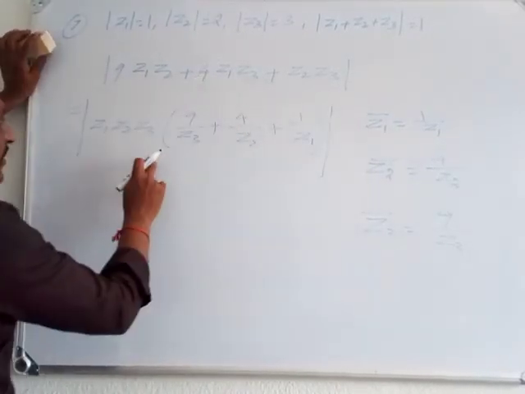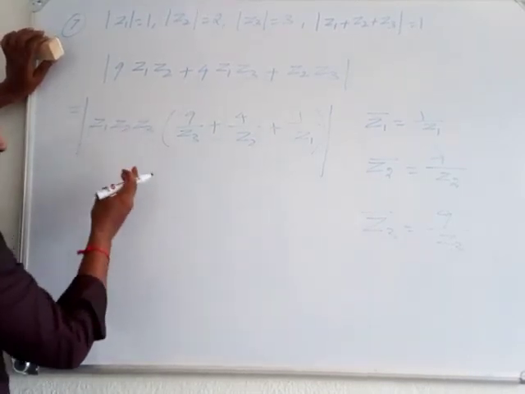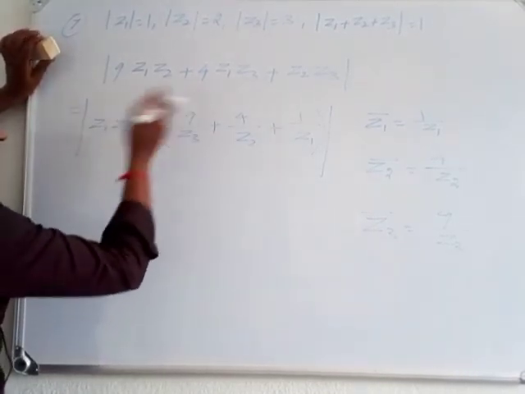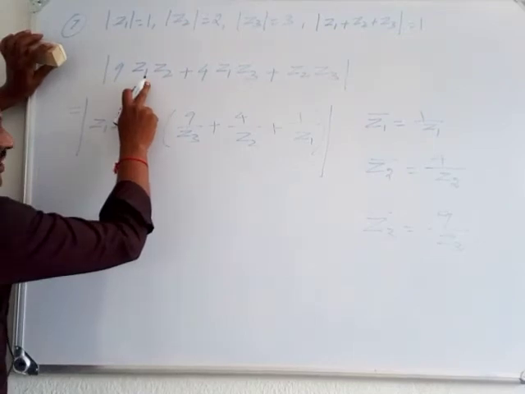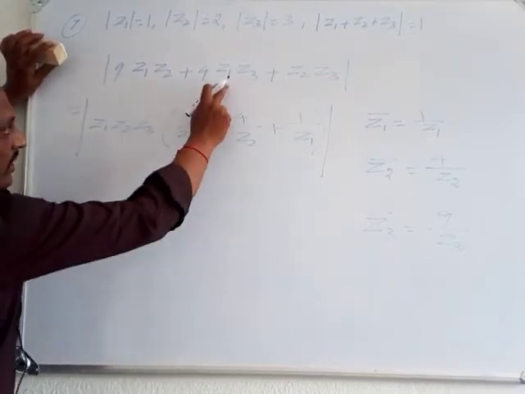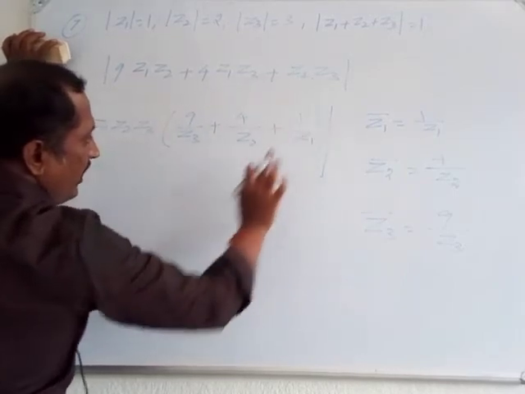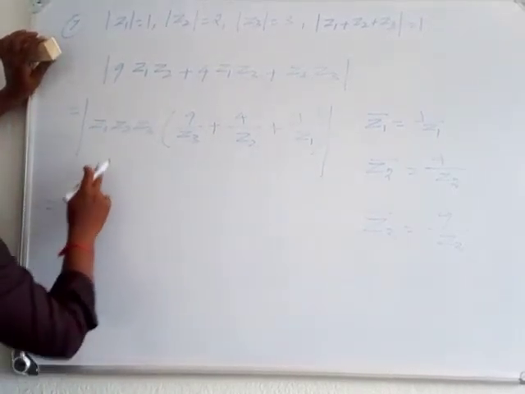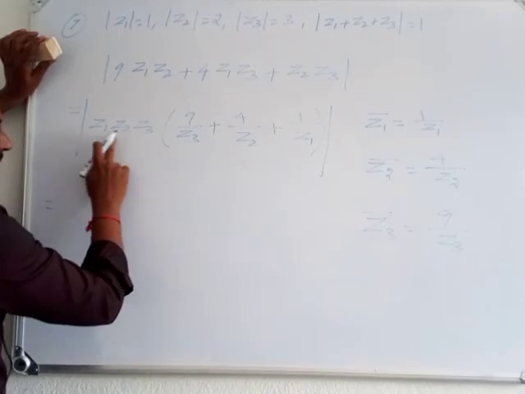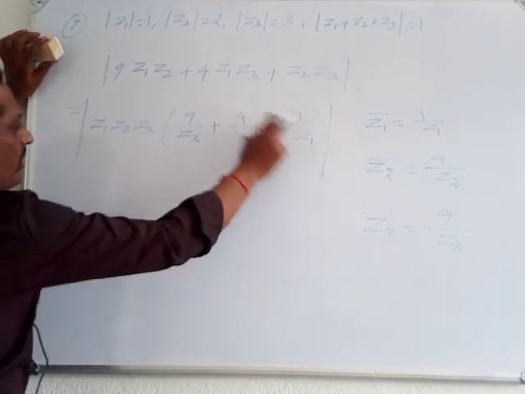This modulus can be written by taking z1, z2, z3 common for these three terms. z3 is missing, so you divide by z3. z2 is missing, divide by z2. z1 is missing, divide by z1. This is in the form of z1, z2, z3 times a complex number.